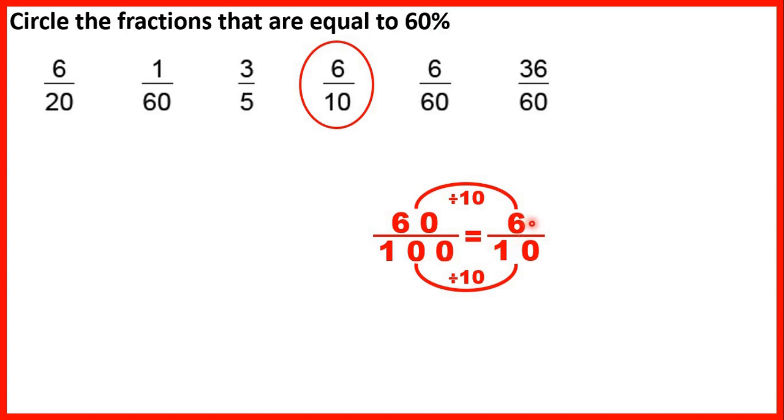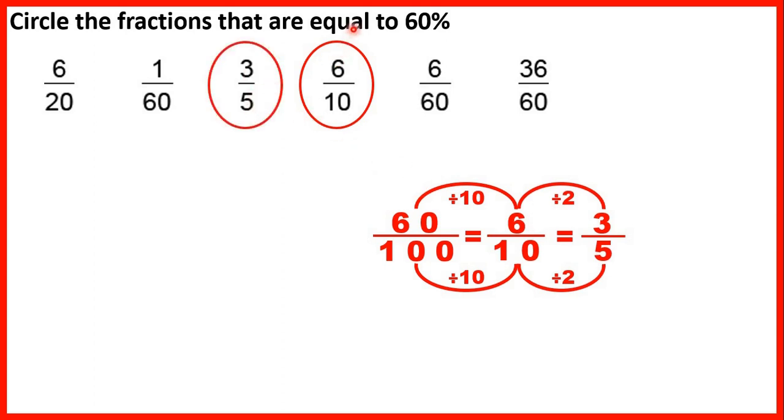But we could simplify this fraction further. If we divide both the numerator and denominator by 2, we get 3/5, so that's equivalent or equal to 60% as well. Now remember, 60 hundredths is the same as 6 tenths, but some of our fractions have a denominator of 60.